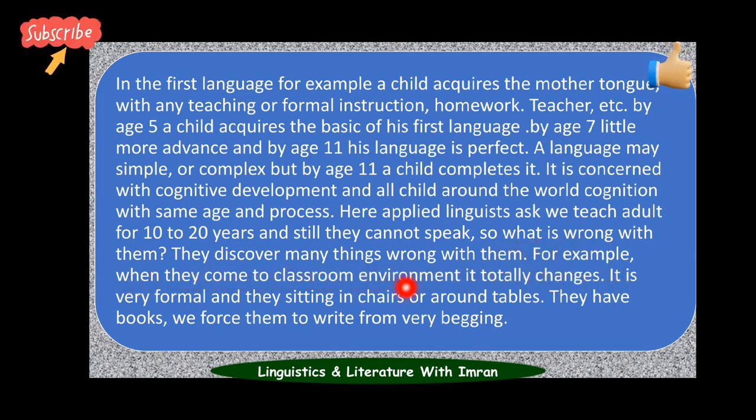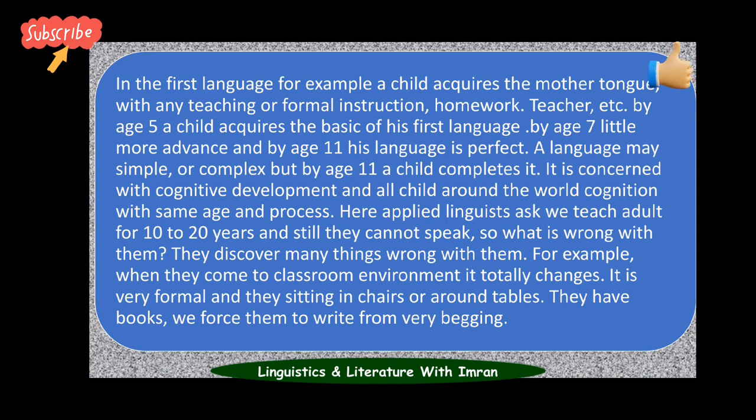For example, when they come to the classroom environment, it is totally changed. It is very formal, they are sitting in chairs or around tables, they have books, and we force them to write from the very beginning. So this is a wrong approach to second language acquisition.